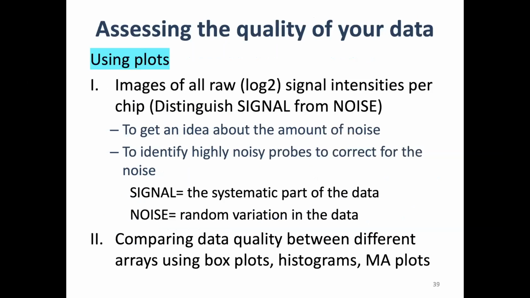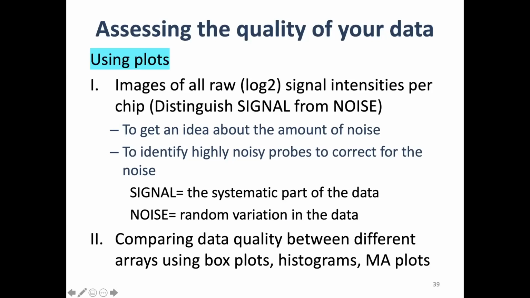Now, then assessing the quality of the data. Okay, once you do the transformation and normalization, you want to check the signal intensity per chip, right? You want to understand the quality of the data. And usually you do different kinds of plots like box plot, histogram, MA plots to see whether the distribution of genes is normal, whether each chip has an equal level of distribution or not.